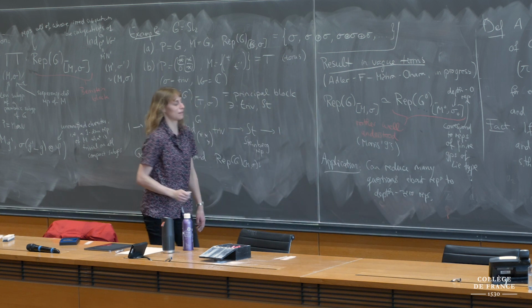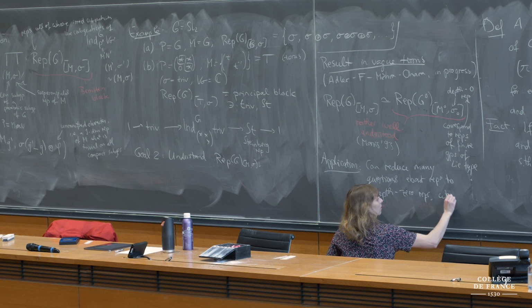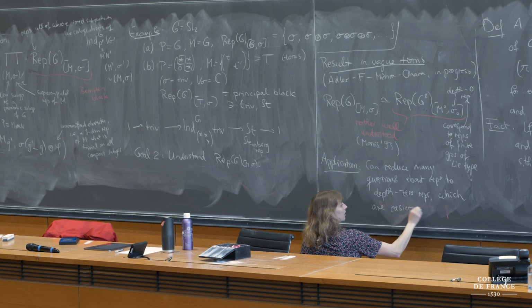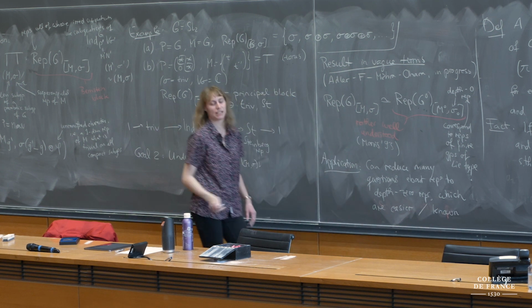And the nice thing about depth 0 representations is that they are often much easier to deal with, or already known. So the questions about depth 0 representations might already be solved.